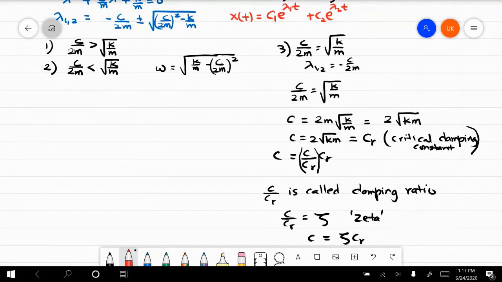So if you go back to the second case where we had an oscillatory behavior, there was a frequency associated with that solution, this one. This frequency is called the damped natural frequency.